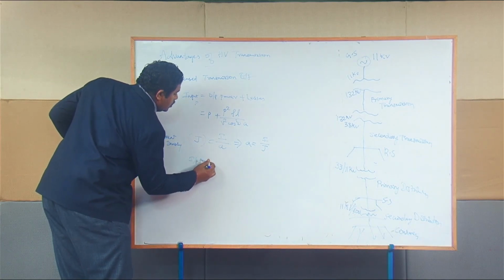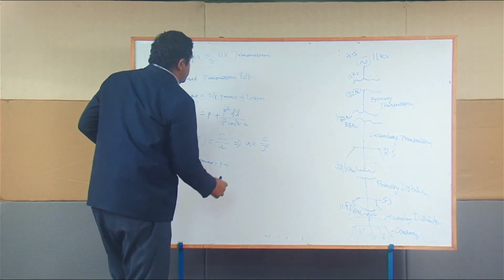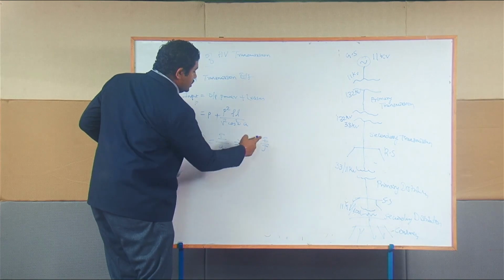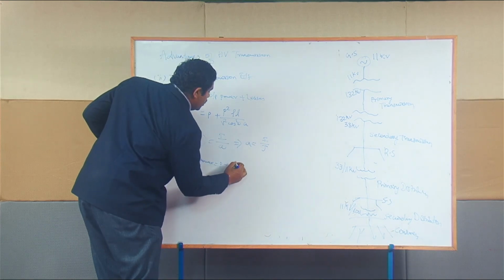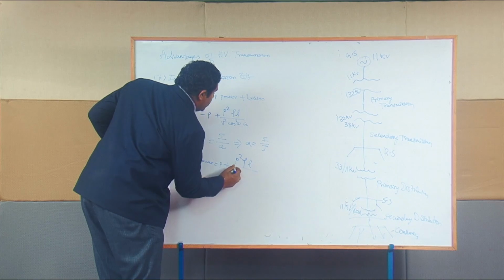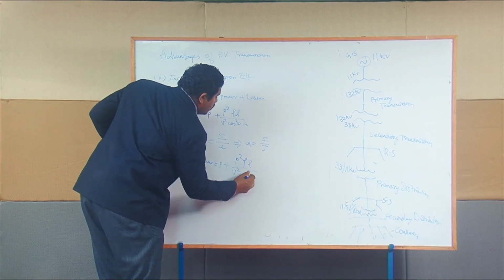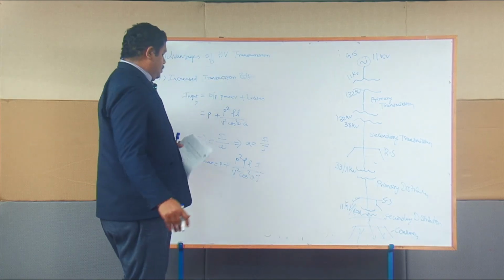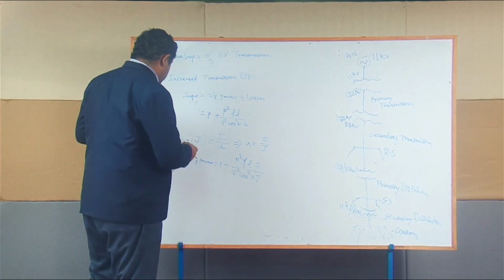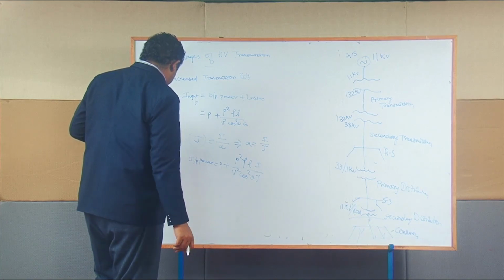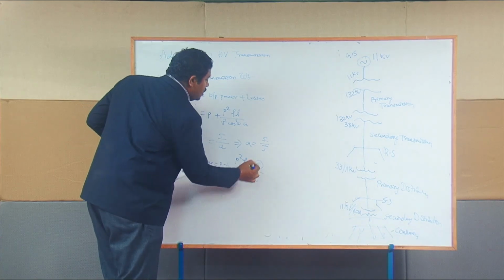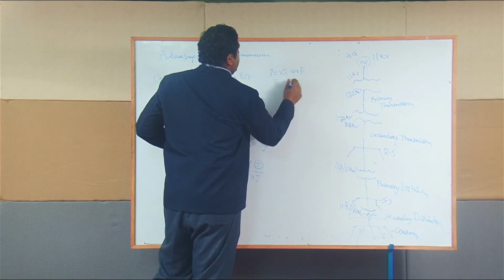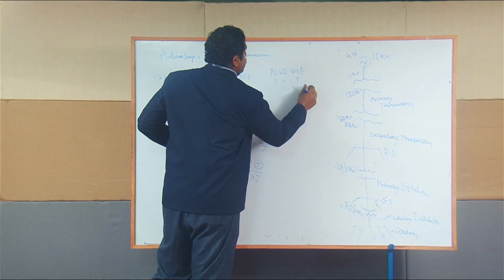Now, input power is equal to P plus, with A replaced as I by J, P square rho L divided by V square cos square theta into J by I. Now, we know the value of current from the formula P is equal to root 3 VI cos phi, I is equal to P divided by root 3 V into cos phi.